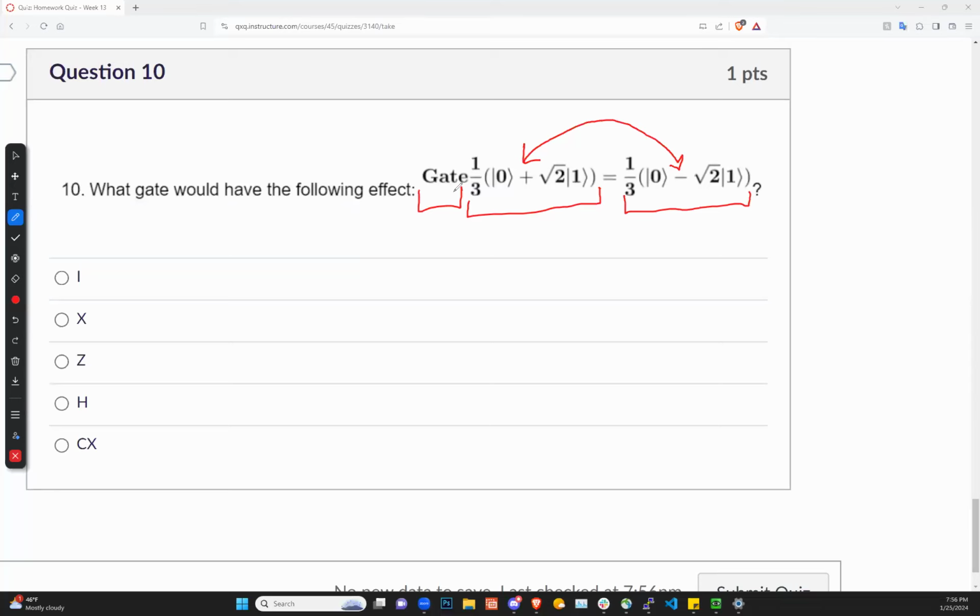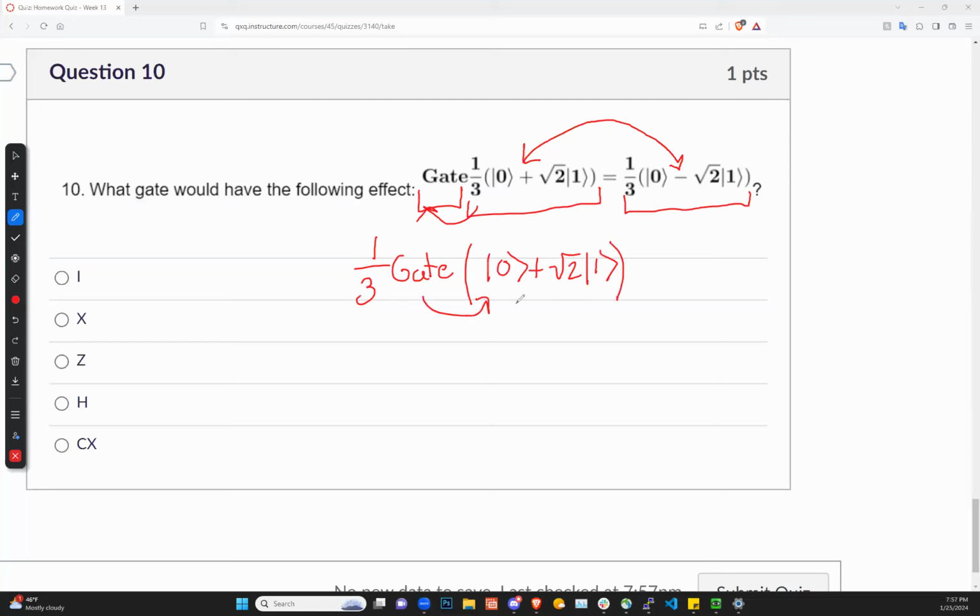So what we can do is go through all of the steps that we did before to distribute this gate to the 0 state and the 1 state, and then figure out what effect the gate had on the 0 state and the 1 state. So I'll bring the 1/3 out front here. So 1/3 of the gate applied to 0 plus square root of 2 times 1.